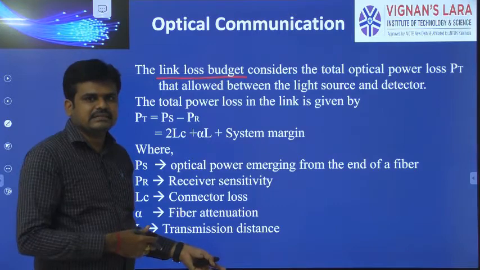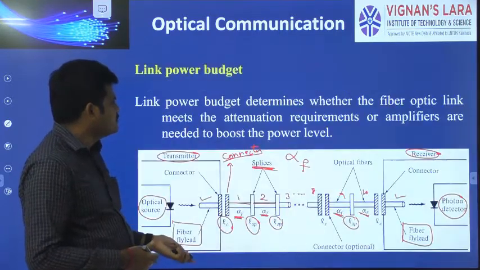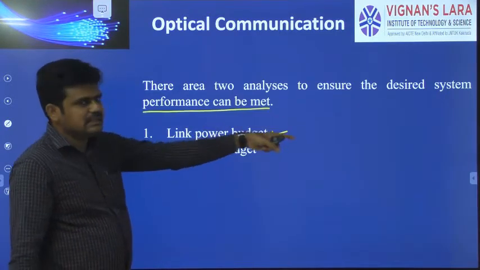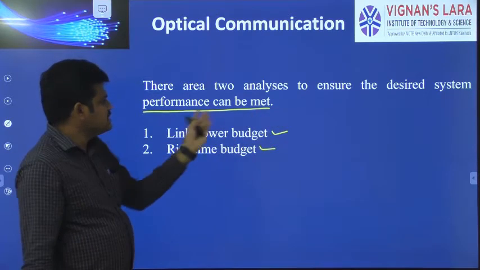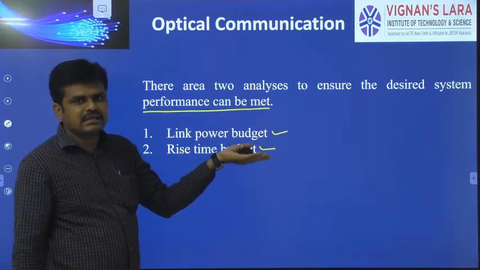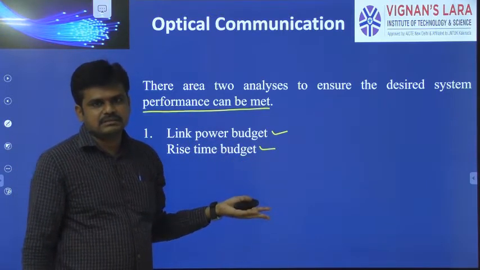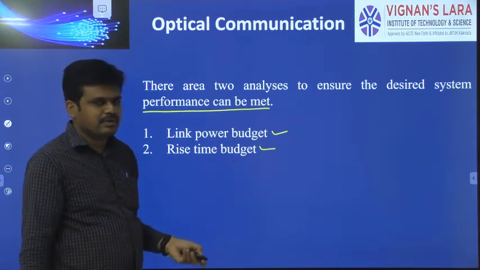There are two analyses to ensure the desired system performance is meeting the expected performance or not. The first one is the link power budget.